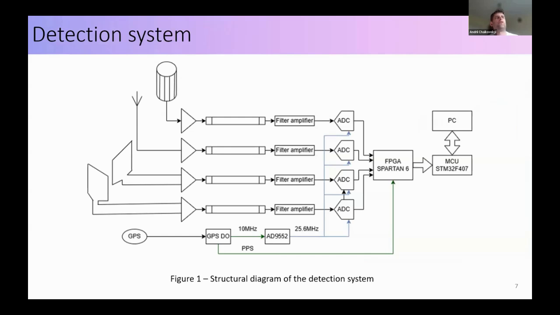This system comprises 4 antennas from the old system: 2 loop antennas directed north-south and east-west, 1 omnidirectional whip antenna, and also a wideband antenna for determination of signal type.